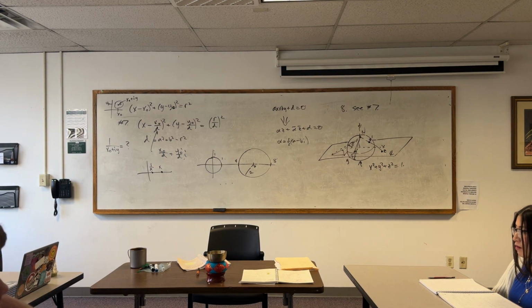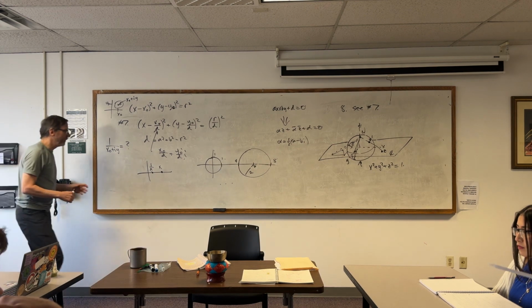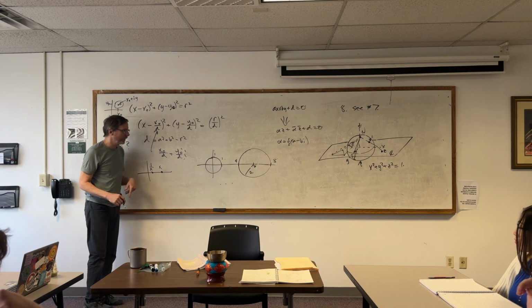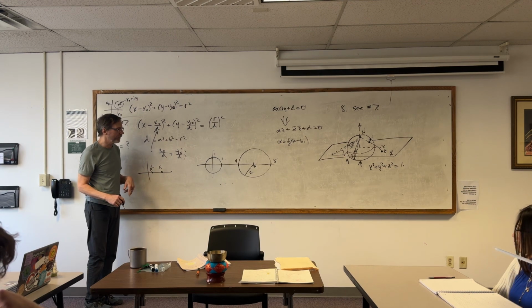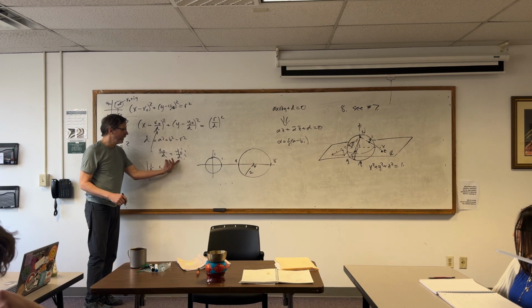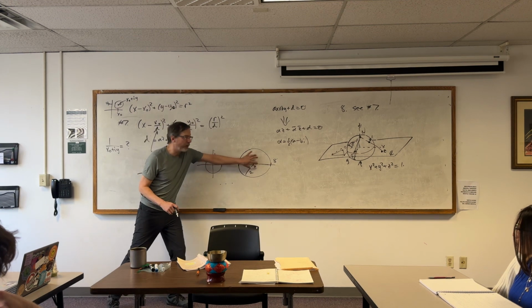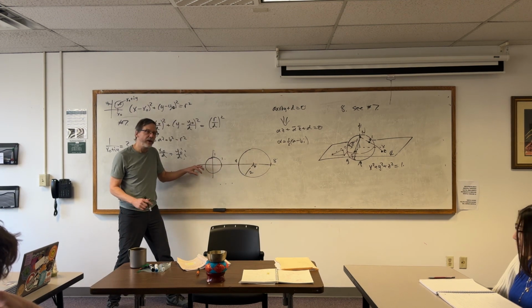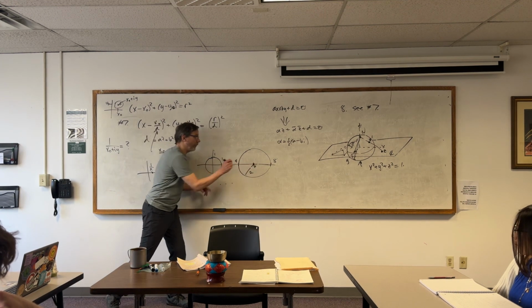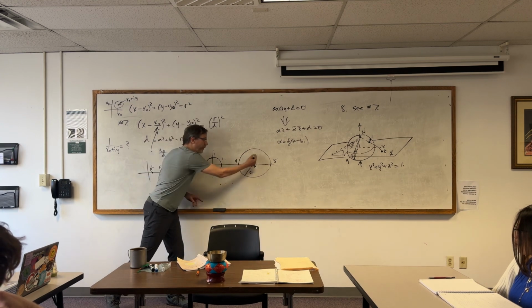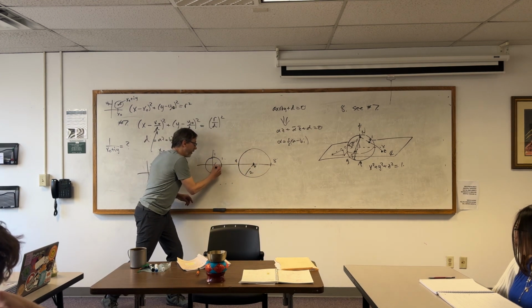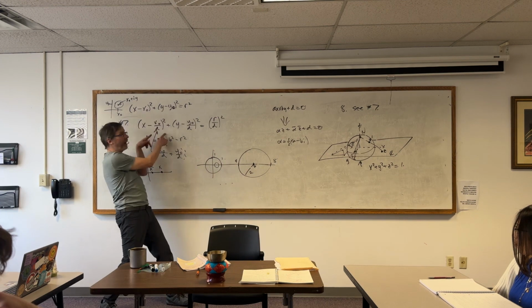Just let me clarify. We're proving that when I invert a circle in the unit circle, when I invert this one here into here, it becomes another circle with that formula.